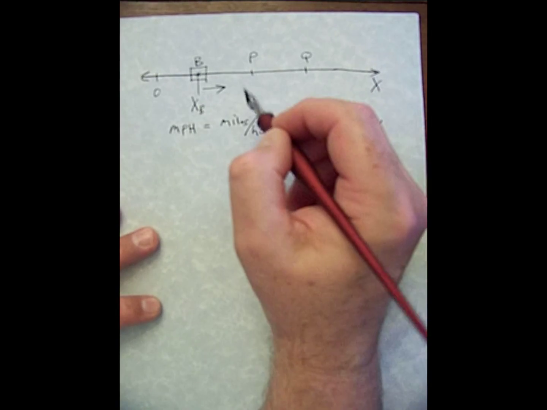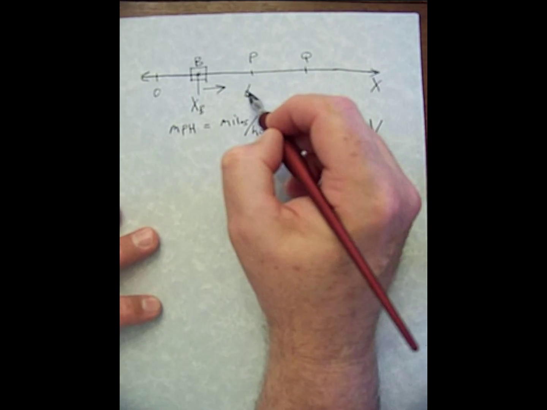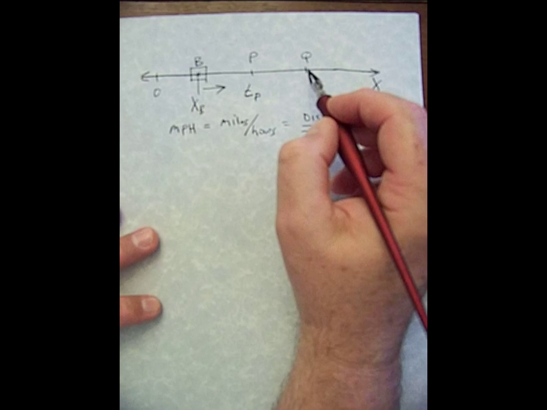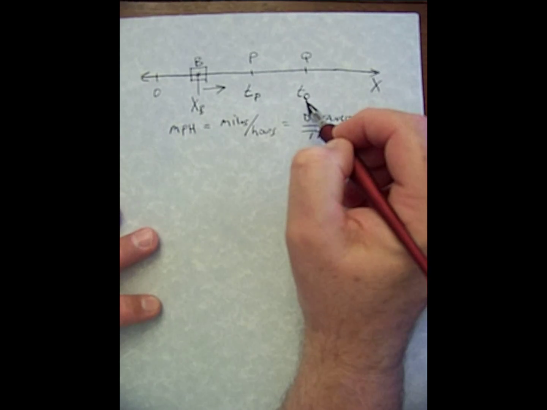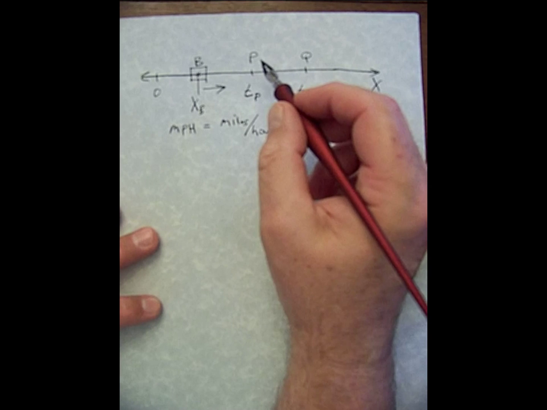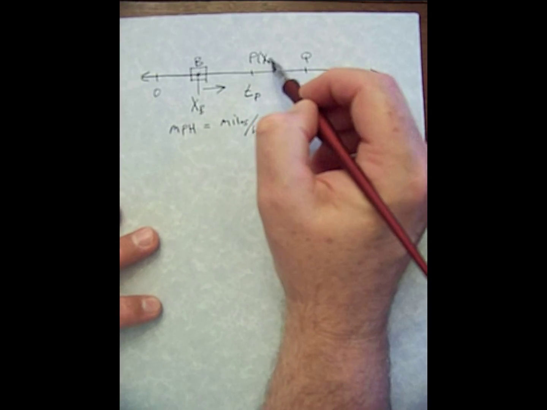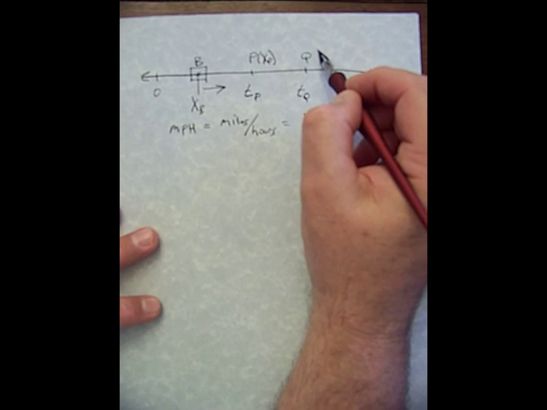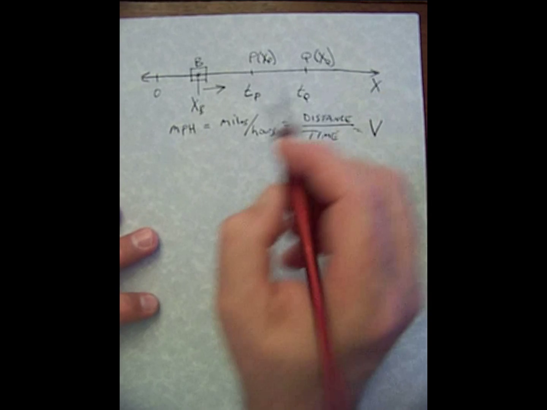We can say that the time that it crossed point P, we can call that T sub P, and the time that it crossed point Q, we could call that T sub Q. And we know that P has location coordinate x of P, and Q has location coordinate x of Q.